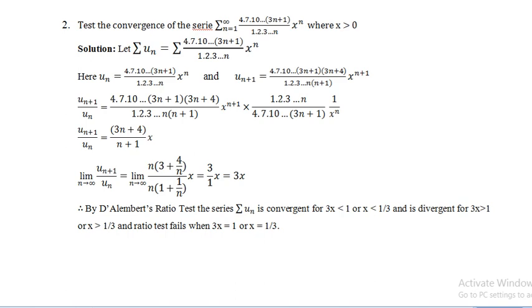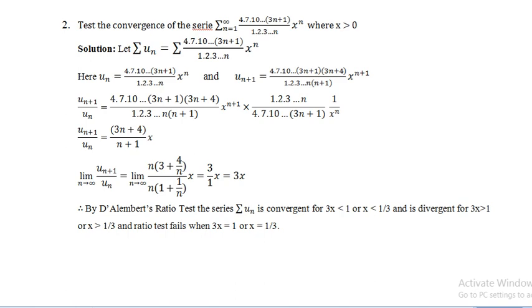Second example: test the convergence of the series 4, 7, 10 up to (3n plus 1) divided by 1, 2, 3, 4 up to n, into x raised to n, where x is greater than 0. Here we will test whether the given series is convergent or divergent.